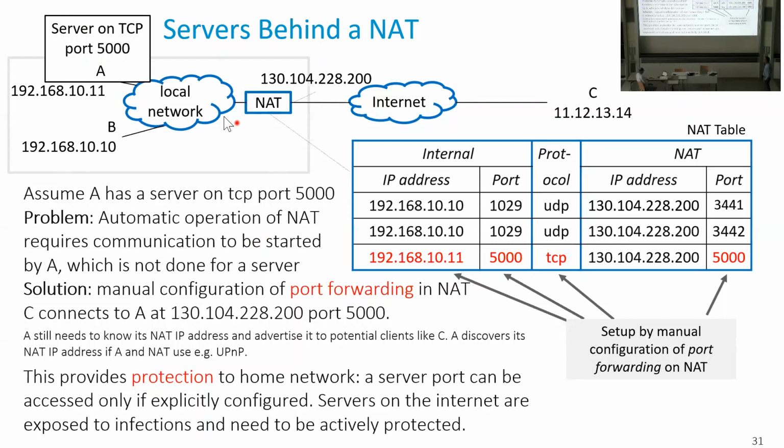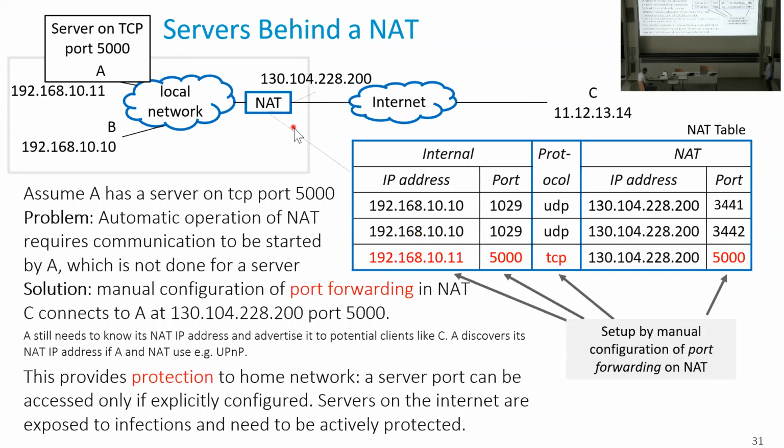So if you want to have a server behind a NAT, you need to manually configure the NAT for that. It's called, with different names, one of the versions of that is called port forwarding. Port forwarding usually means you configure in your NAT, for example, if you choose port 5000 for this server, you say to the NAT, anything that comes to you on port 5000 should go with this port or another port number to this machine.